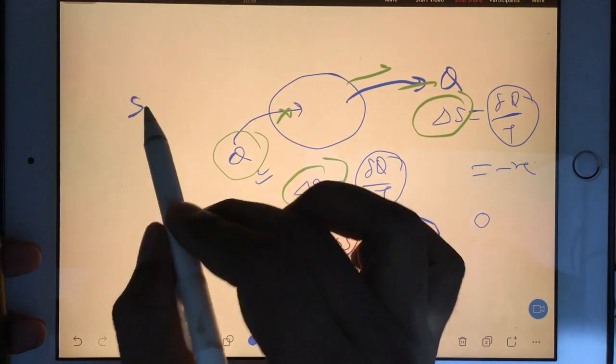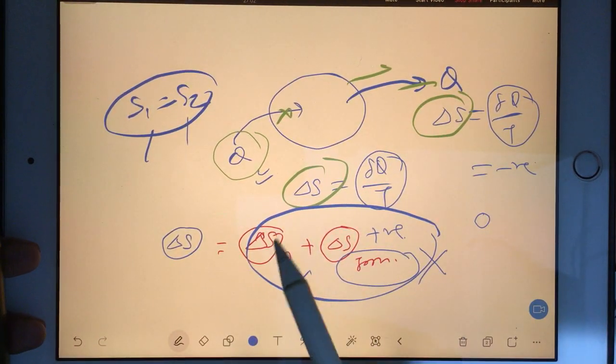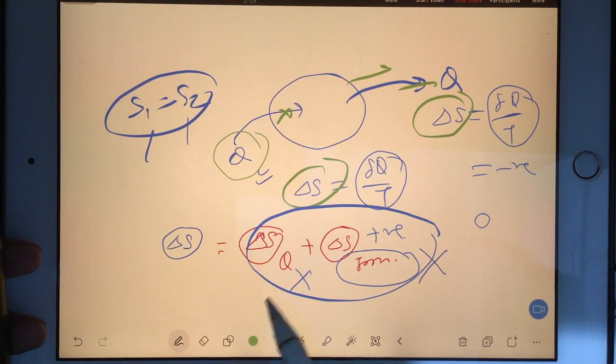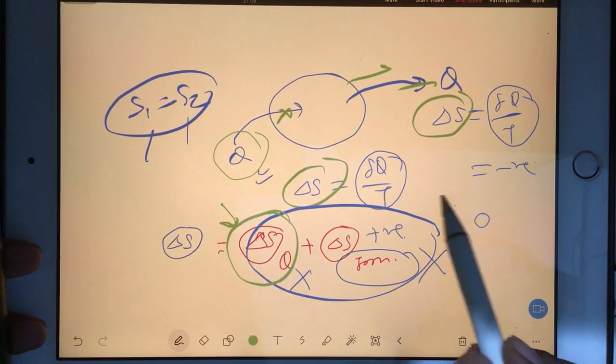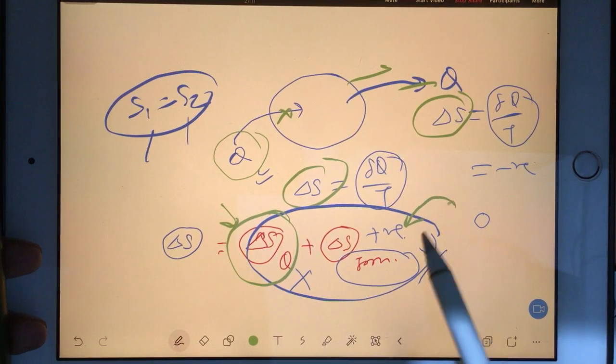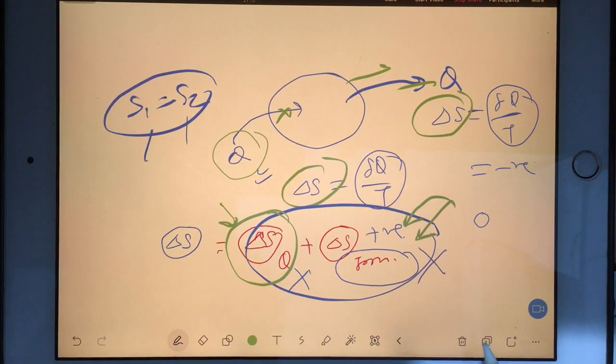Change is 0, it means S1 and S2 are the same, so you will say isentropic process, right? So don't think that only heat is responsible for the entropy change. Even reversibility and irreversibility is also responsible for the entropy change. Okay, so I will change the page.